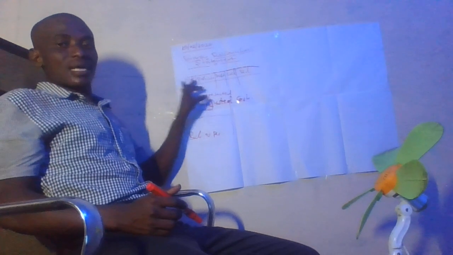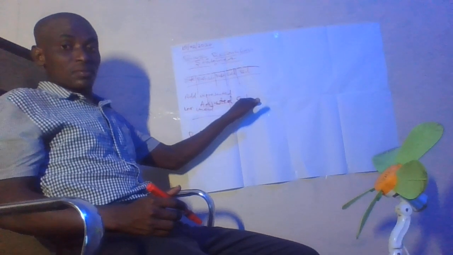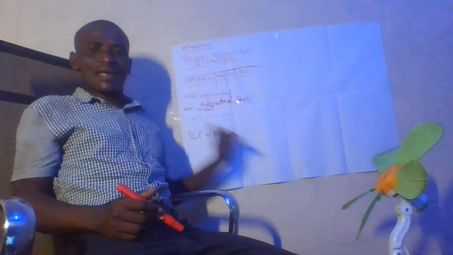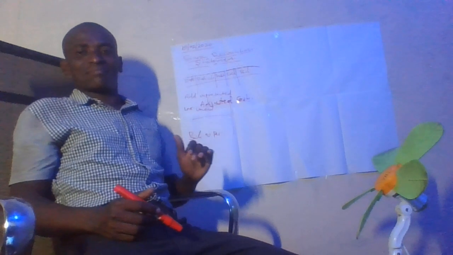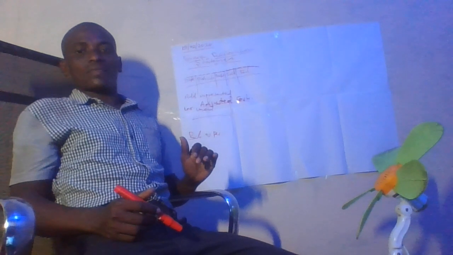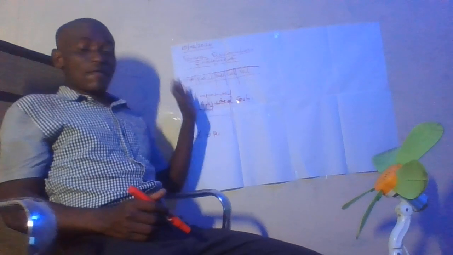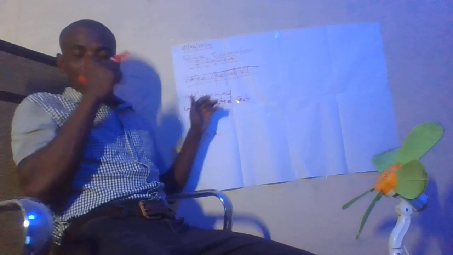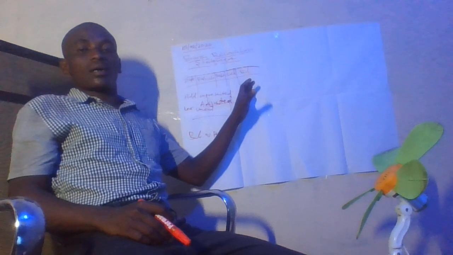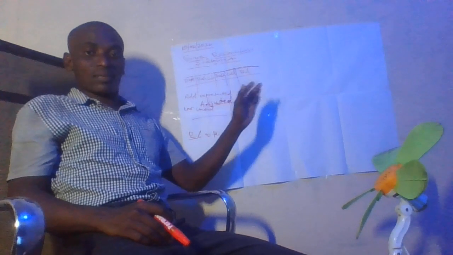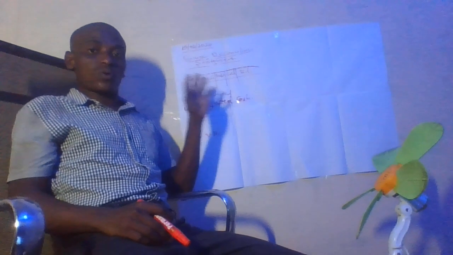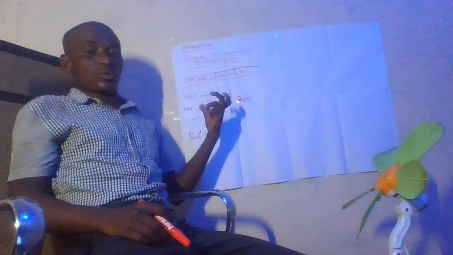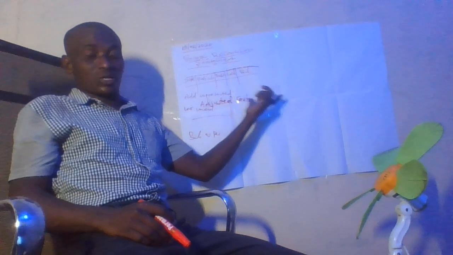You record the balance as per the bank statement. You add uncredited checks. Then you less unpresented checks. I repeat. If you've been given the balance as per the bank statement, you're required to record the bank reconciliation statement.